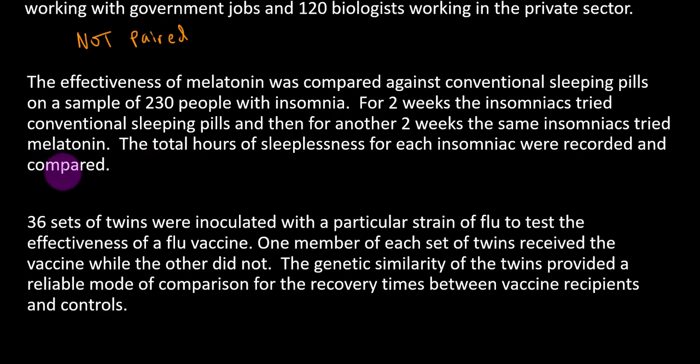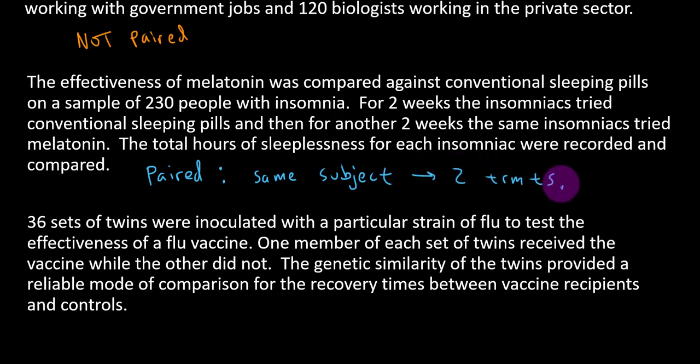Okay, paired or not paired? I'm going with paired. It's kind of like the dogs example, right? There's the same individual, same subject, being exposed to the two treatments. Let's do the last one.